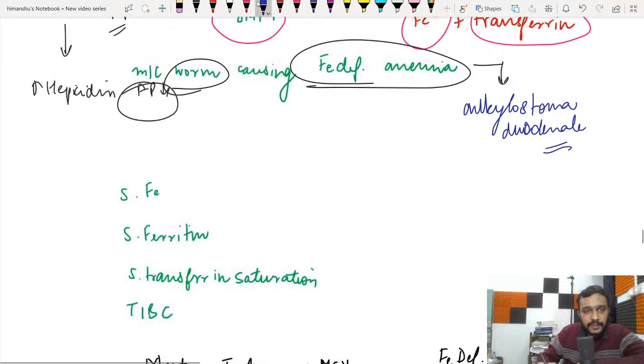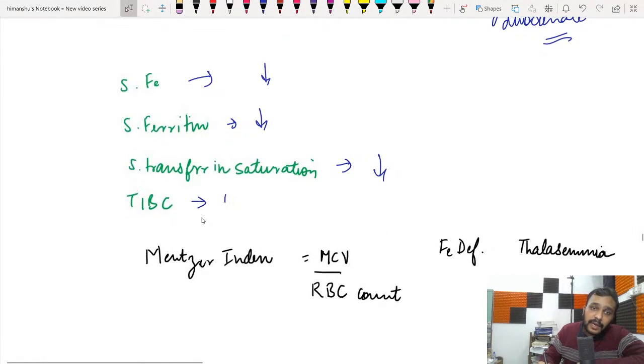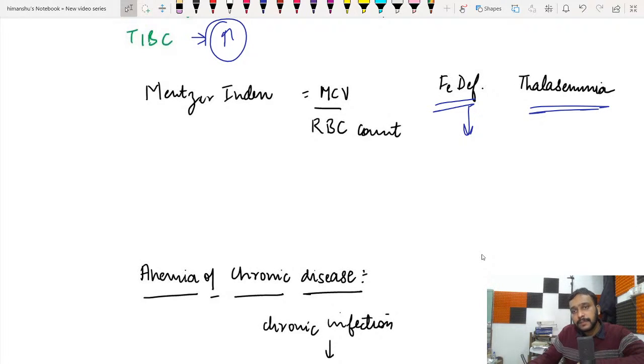So in iron deficiency anemia, the serum iron decreases, the serum ferritin decreases, and serum transferrin saturation decreases, whereas total iron binding capacity increases. Now we have to know how to differentiate iron deficiency anemia and thalassemia. In iron deficiency anemia, the RDW will increase, whereas in thalassemia the RDW will remain normal.